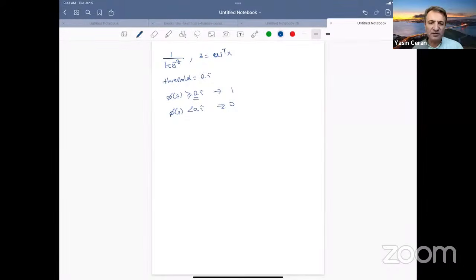Well, it's up to you. You can change this decision. So you can say if phi of z is greater than 0.2, I'm going to make a decision of 1. If phi of z is less than 0.2, I'm going to make a decision of 0. So again, this is up to you, how you set this threshold. We can talk more about this. What is the impact of this threshold? It's a different story.